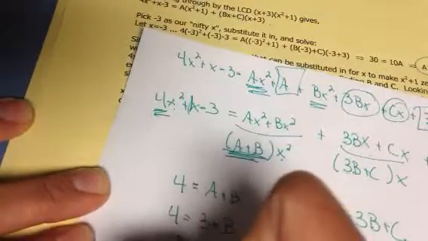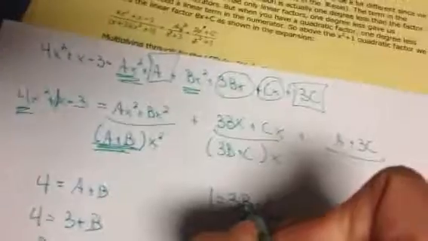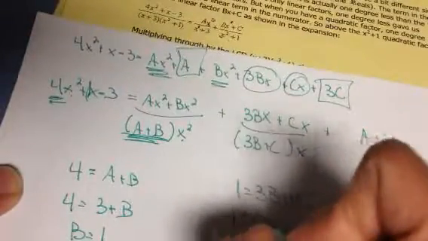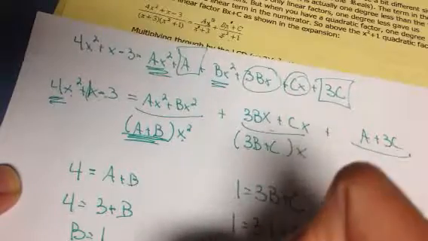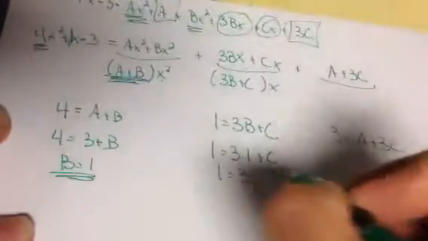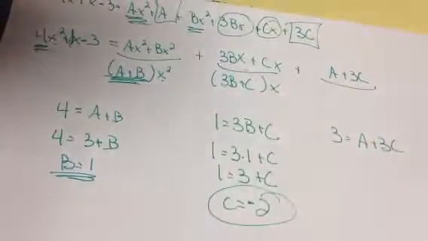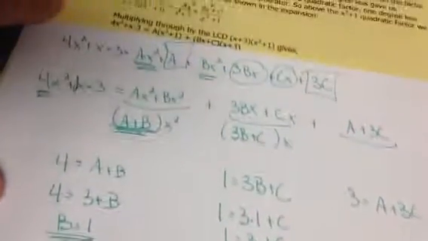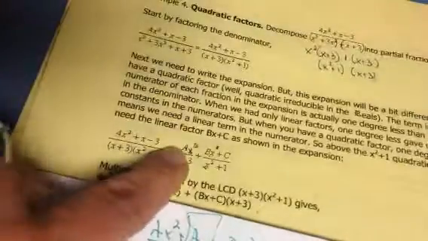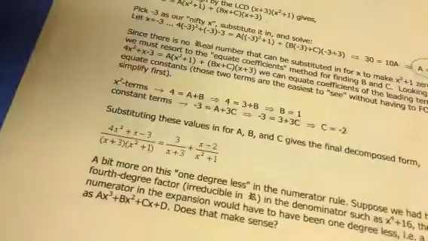And when she does that, she figures out that the b is 1. So that's where she goes here. And then if she knows that b is 1, or you could go here as well, she gets her c to be negative 2. And now that she knows those, she goes back to her original problem and just puts them in. And that's how she gets her answer. And that's it. That's your partial fraction decomposition.